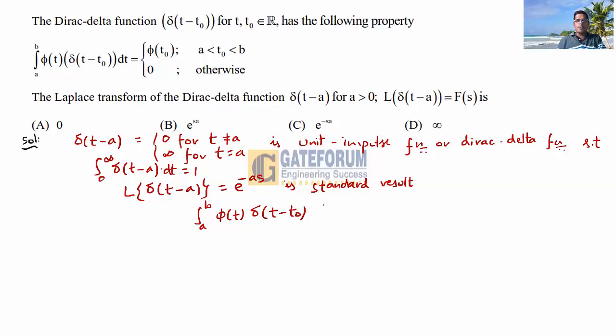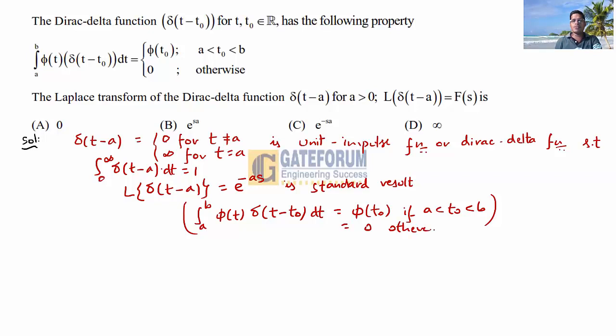The t naught is a number between a and b. Just integrating with respect to this, the answer is obtained by substituting t equal to t naught in the function phi of t. This is phi of t naught if a is less than t naught less than b. Otherwise, for other values of t naught, it is equal to 0. So the answer is e power minus as. Accordingly, the option is C. This is the end of the question.